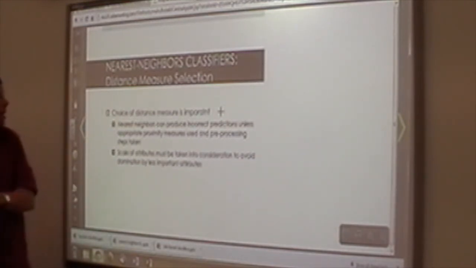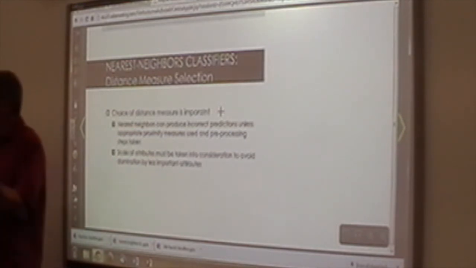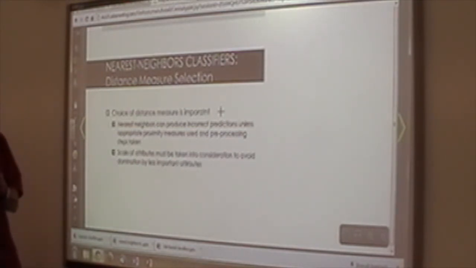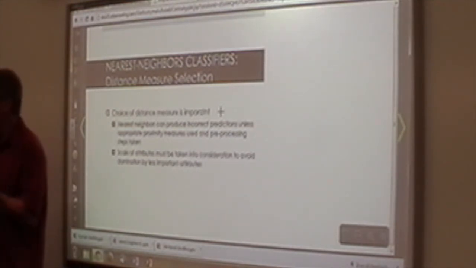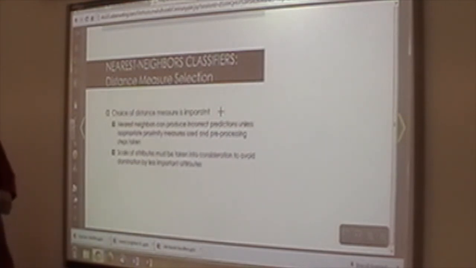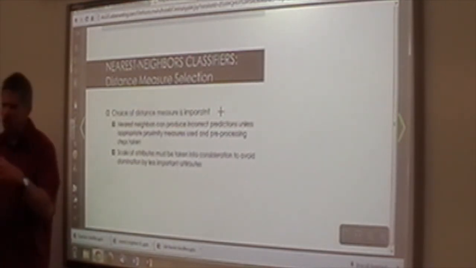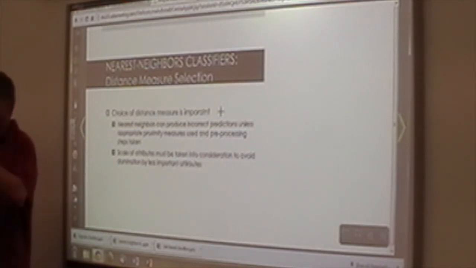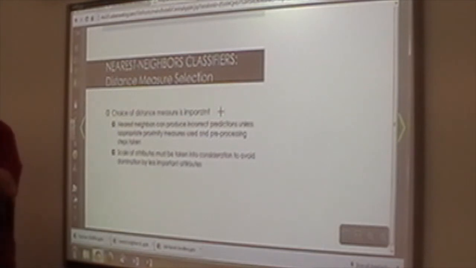Distance measure selection is important. If you don't use the correct proximity measure, the correct measure of how you're defining your distance, it can lead to poor predictions. One of the issues there is that the scale of the attributes, how much they vary, is important, because your distance measure might overemphasize some attributes that shouldn't be overemphasized.